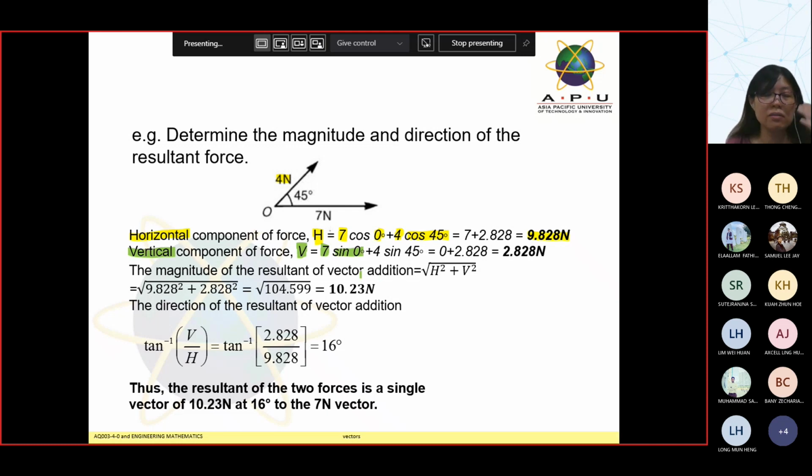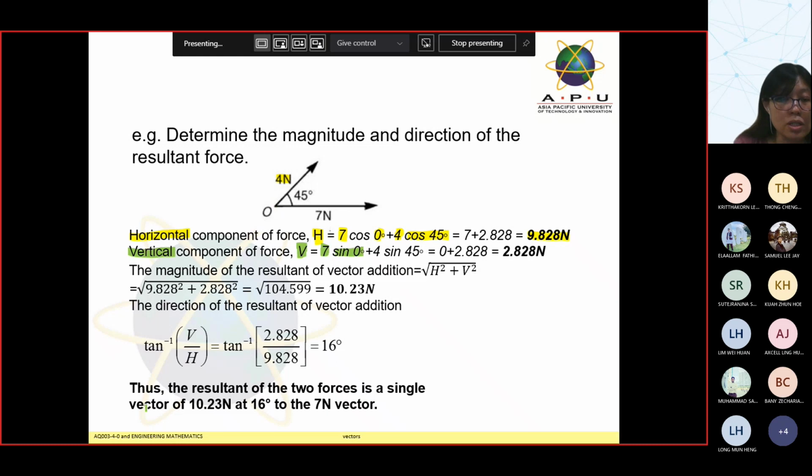It's just changing the cos to sine. So for horizontal, we always use cos. For vertical, we always use sine. That is provided your angle is to the horizontal. So in order not to confuse yourself, we always read the angle to the horizontal.